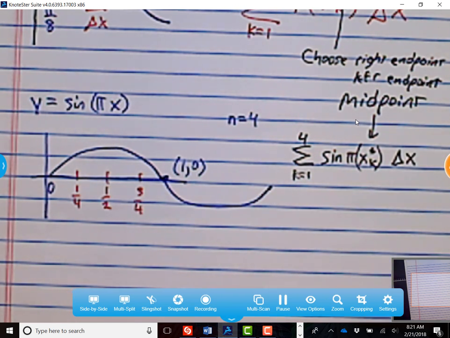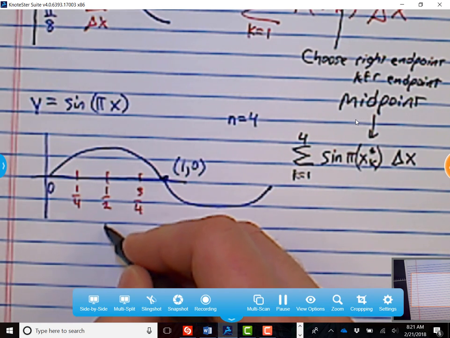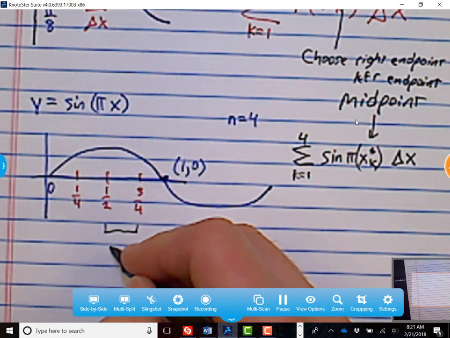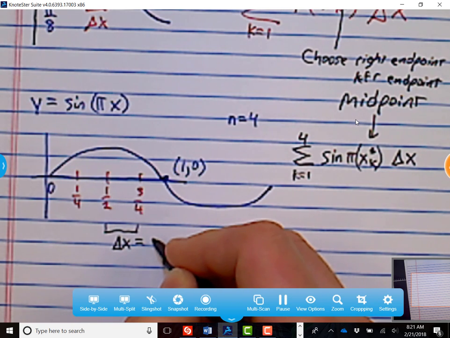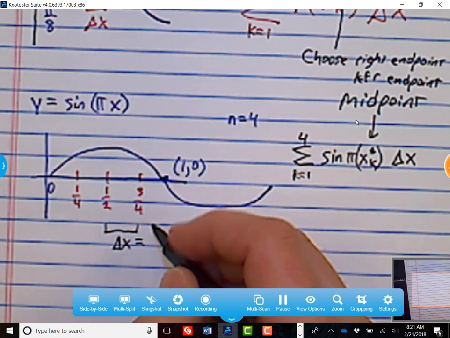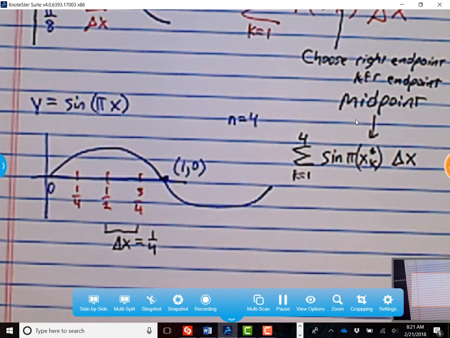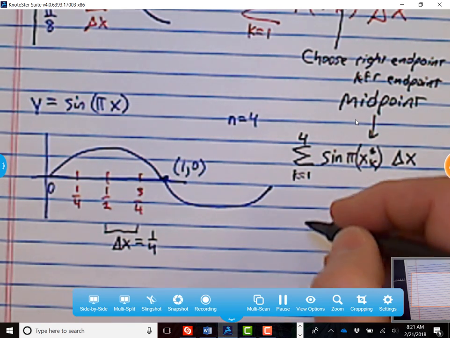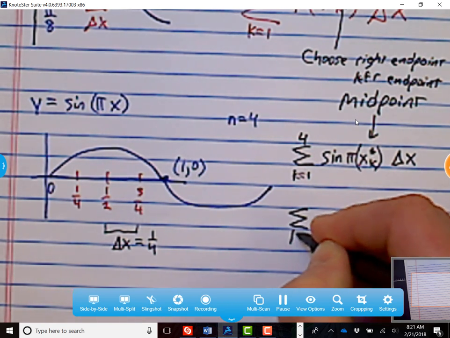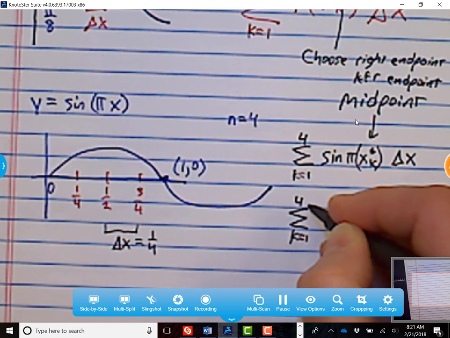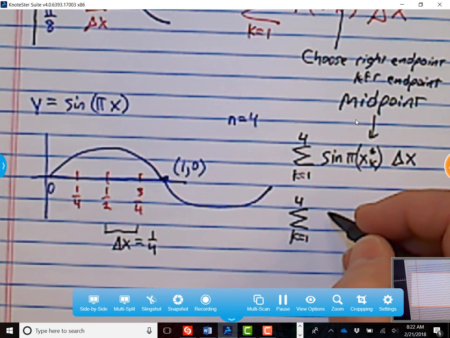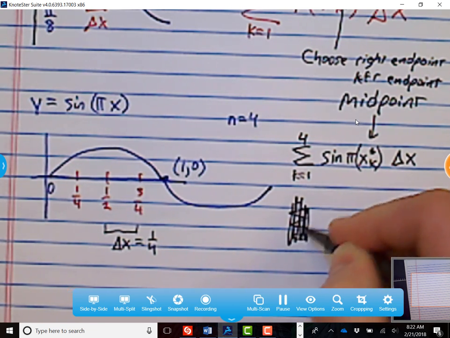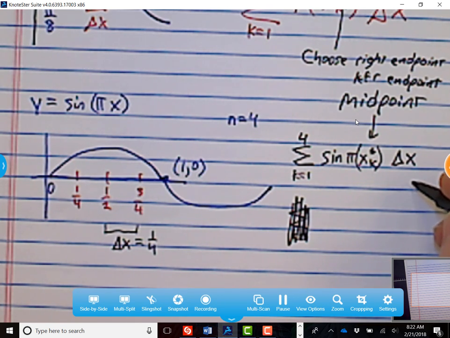But what's my delta x going to be for each one of these rectangles? Well, you can see it's how big? 1/4, right? Okay. So we're going to have k equals 1 to 4. Well, let's not write sigma notation anymore. We know that the delta x is just going to be 1/4, so I'll put that at the end.